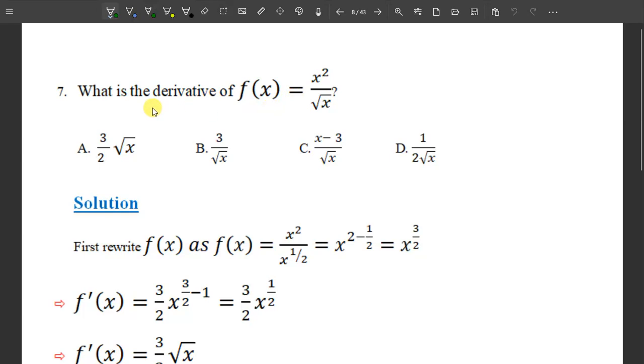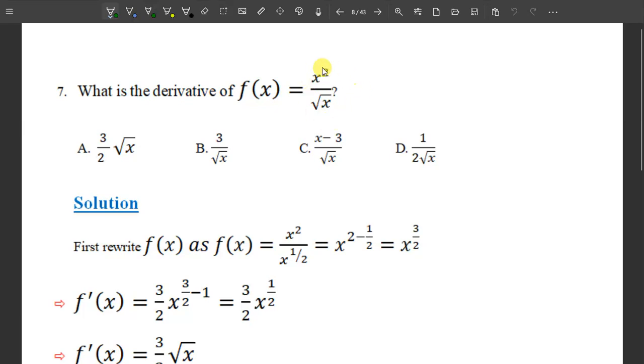Question number 7. It says, what is the derivative of f of x equal to x squared over the square root of x? Now, to find the derivative, we can rewrite this function.